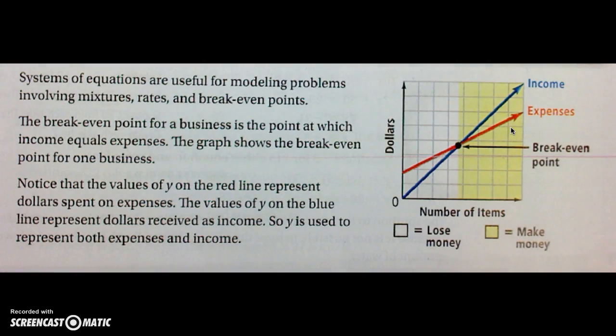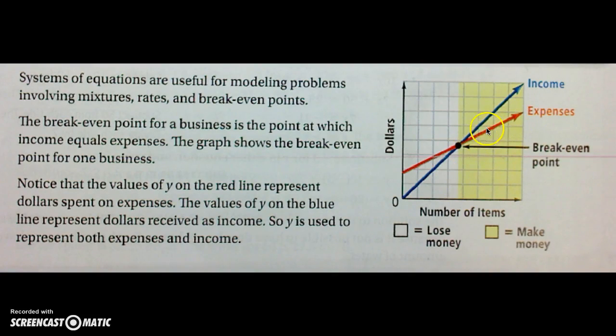The values of y on the blue line represent the dollars received in income. So y is used to represent both expenses and income. An example is concessions, when you buy soda to sell. The expenses are what it costs when we go and buy the soda.